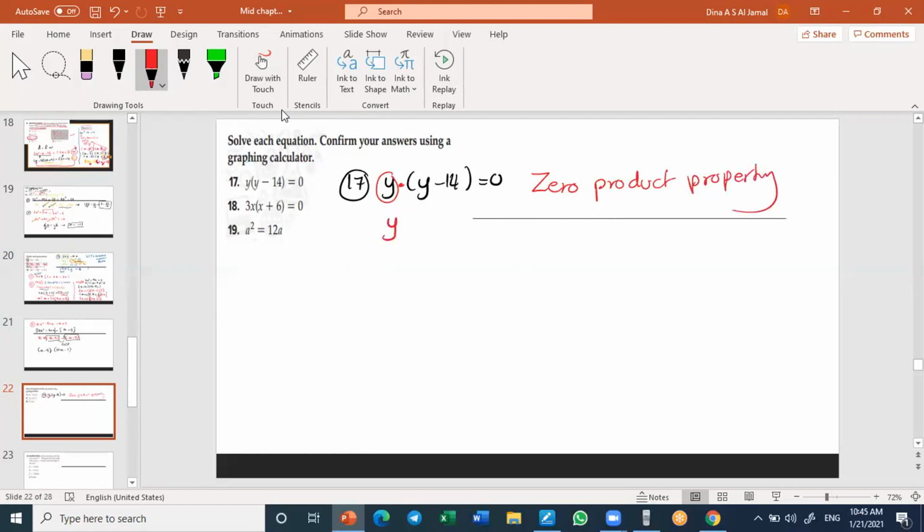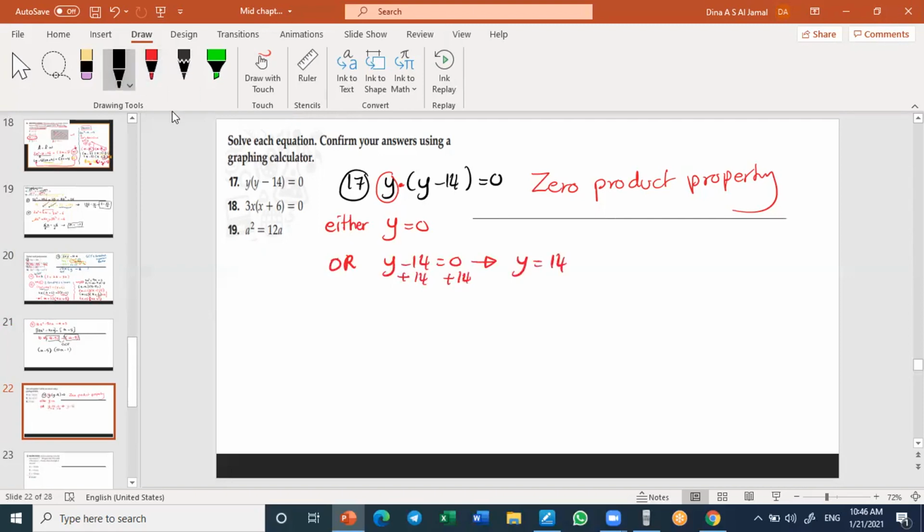So your y will be equal to 0, or your y minus 14 will be equal to 0. Solve this equation, plus 14 plus 14. So your y will be equal to 14.